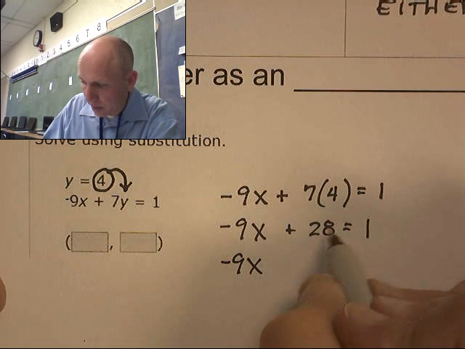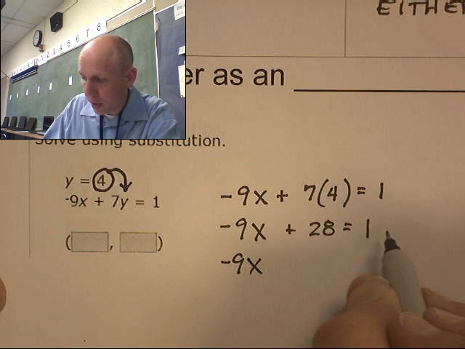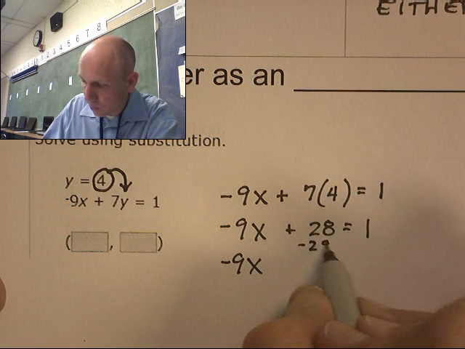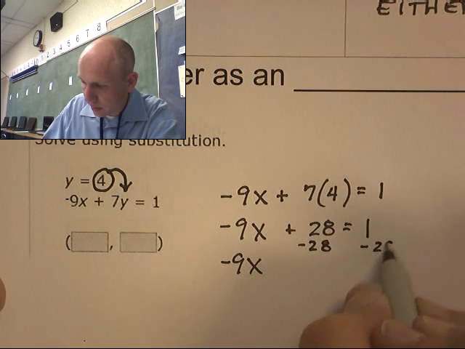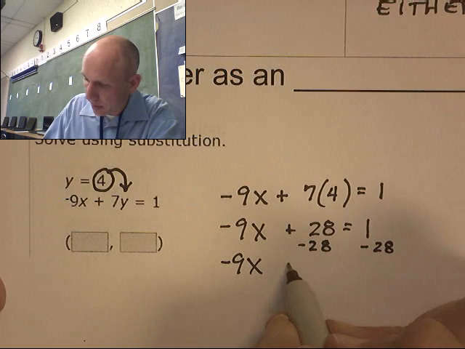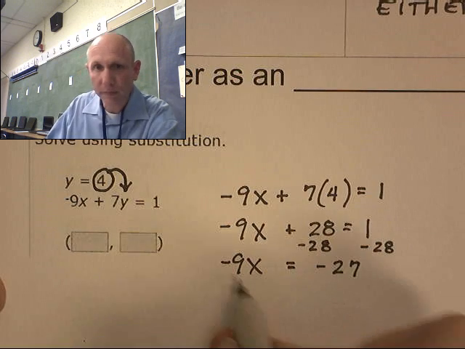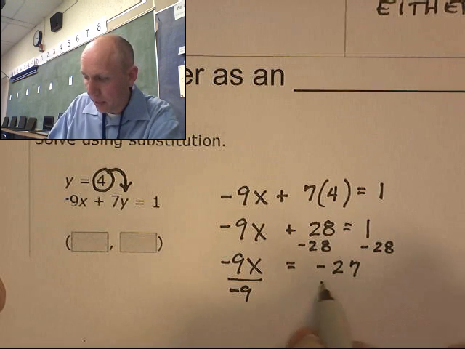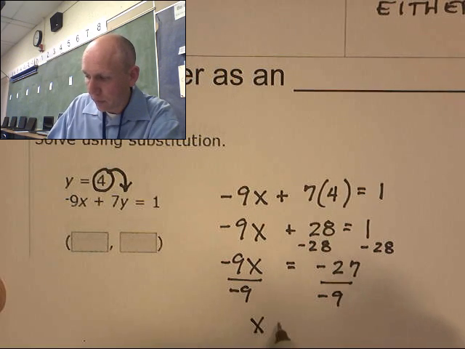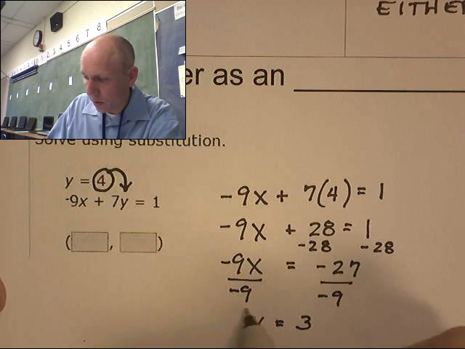Negative 9x, I'm going to take that 28, put it on the other side as a negative 28, right? Negative 28. Negative 9x equals negative 27. Dividing by negative 9, x equals 3.